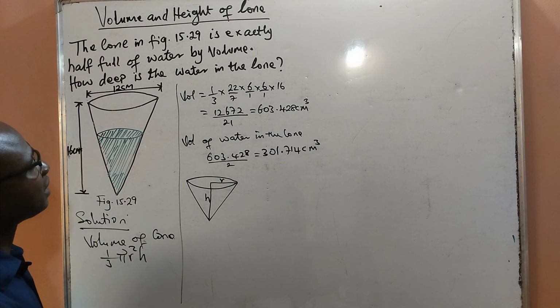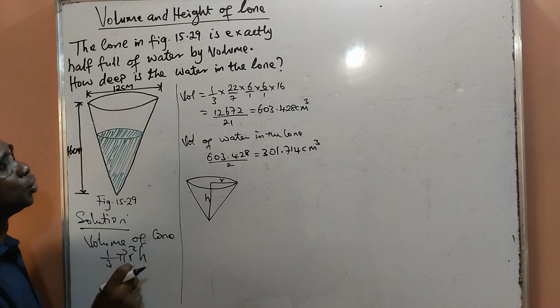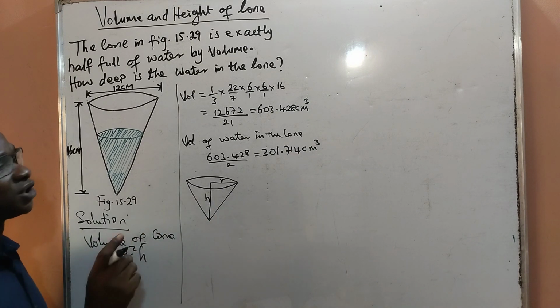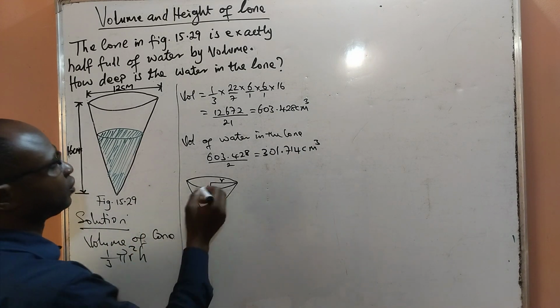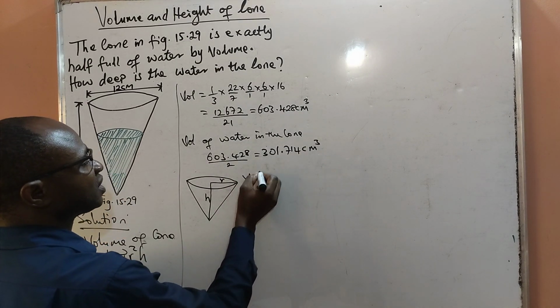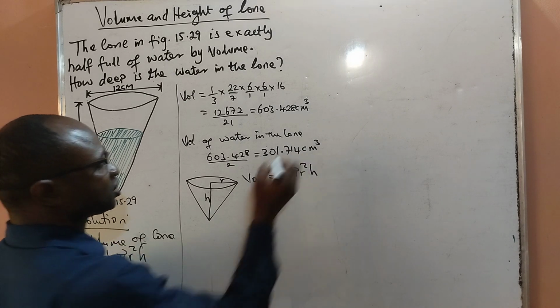Okay? Now, going forward, I want to find h. And for me to find h, since I know the volume of this water, remember volume still remains 1 all over 3 pi r square h.